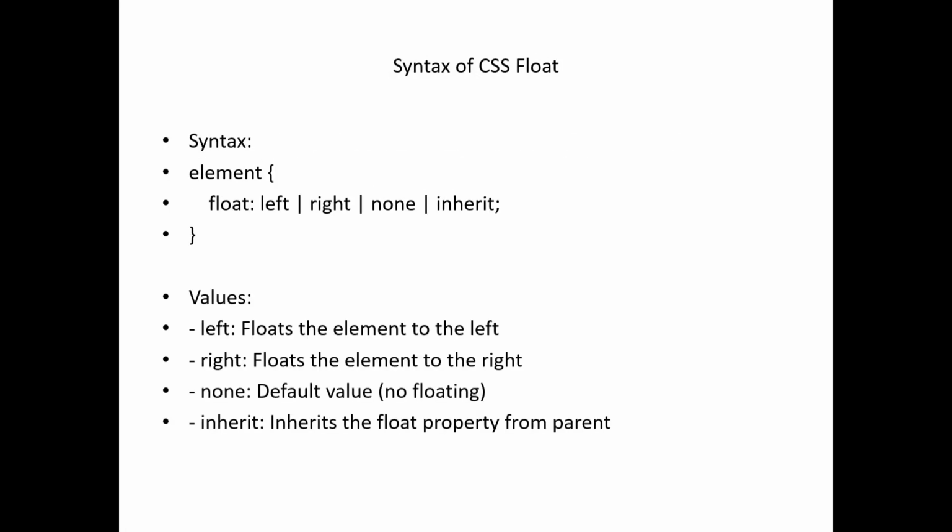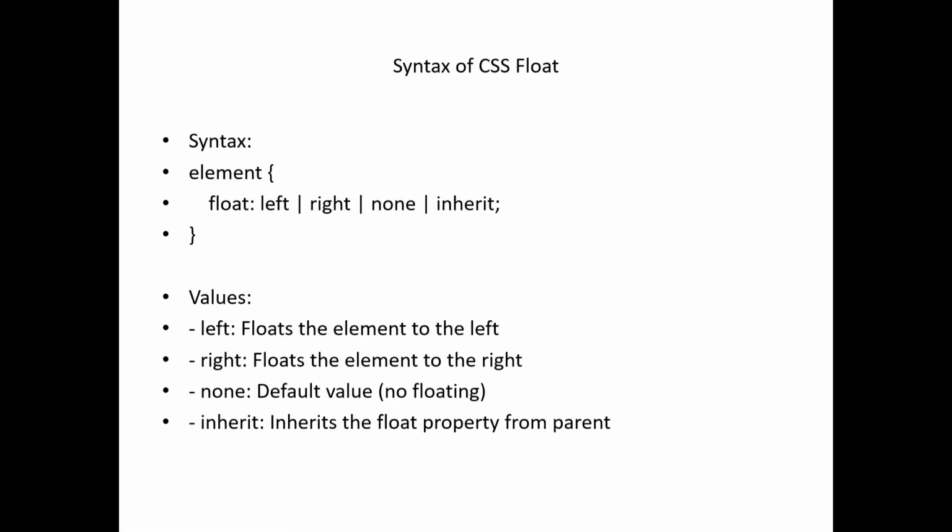See the syntax of CSS float. For this CSS float property we have four values: left, right, none, and inherit. So the element float is left or right or none or inherit. Let's look at the meaning of these four values. Left floats the element to the left.